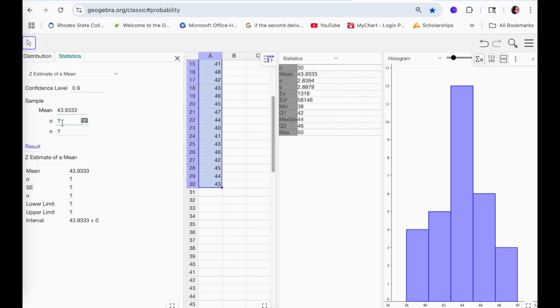We're going to put in our sigma, which the question told us was 6. We're going to put in our sample size, which is 30. And then down here at the bottom, it gives us our lower limit and our upper limit, and then it shows us what our error is as well. If you did it by hand, you can make sure that your error matches up with this, where you should have 1.8018.